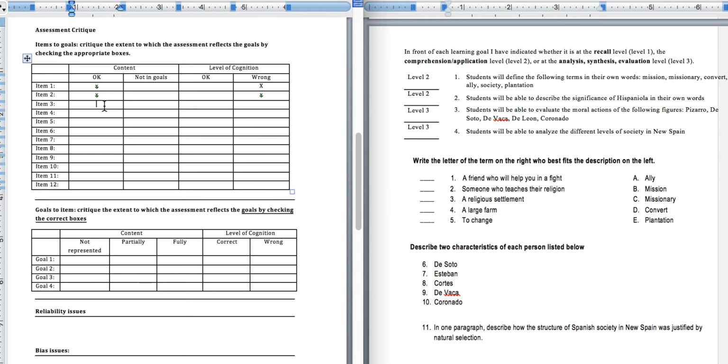Plantation, that's in there. All the content is okay, but they are all recall level items, so that's not okay. I go on to item number 6, DeSoto. Look to see if he's in the goals. Well, not in goals. And then really the level of cognition is completely inappropriate. You can leave that blank or just put a little dash in it if you'd like.